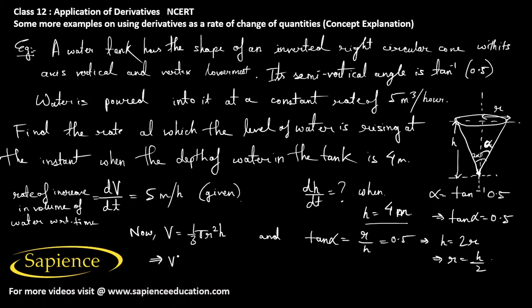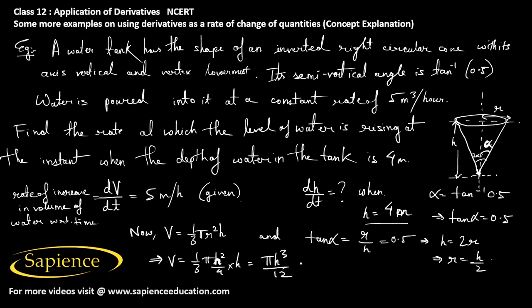So now therefore the volume is equal to 1 by 3 pi R square h, which is 1 by 3 pi H square by 4 into H. So that would be equal to pi H cube by 12.